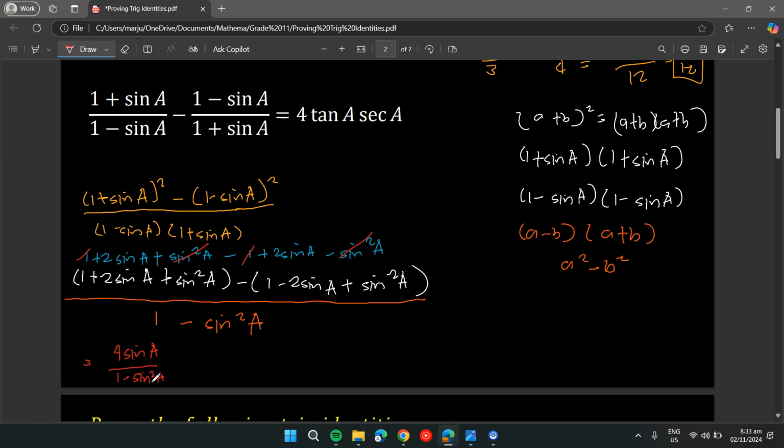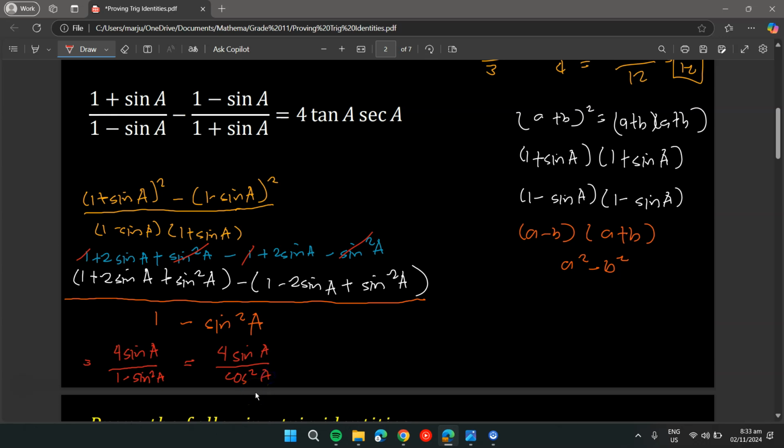Alright? And then, using the Pythagorean identity, we know that 1 minus sine squared a is just equal to cosine squared, right? So this is equal to 4 sine a over cos squared of a.